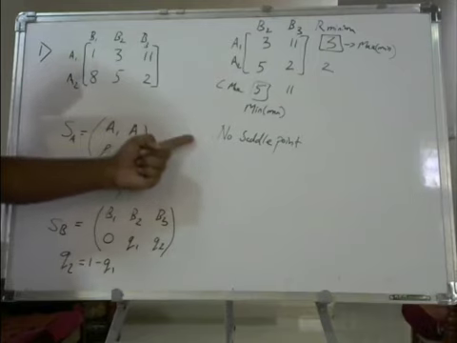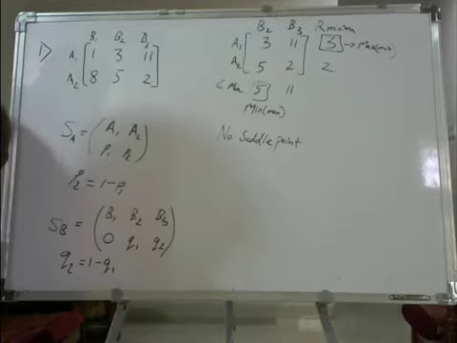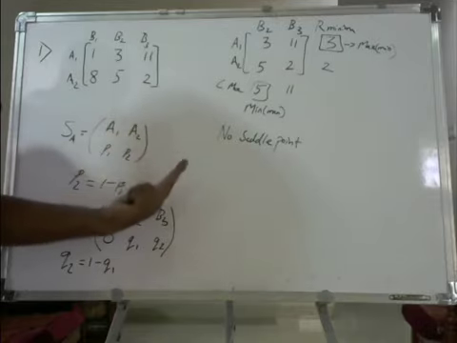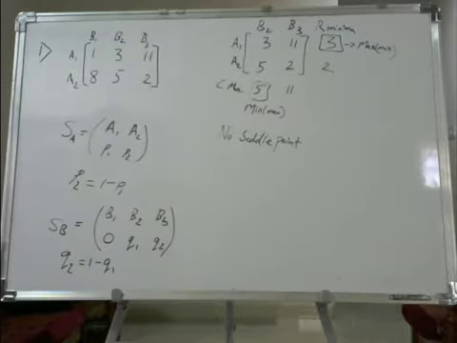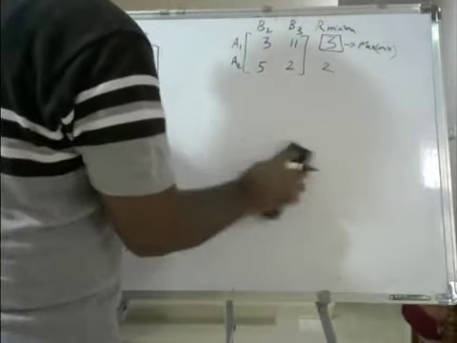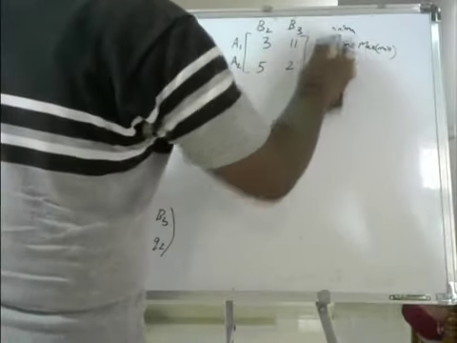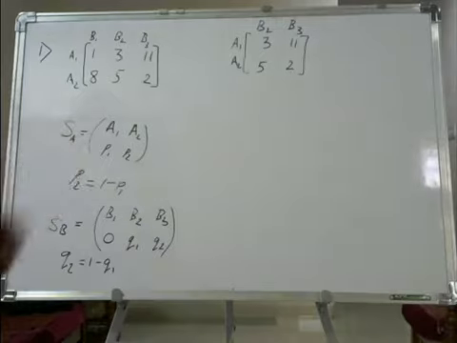Now you have to apply the formula to get P1, P2, Q1, Q2, and then the value of the gain. If you don't know, watch the previous videos on how to solve 2 by 2 matrix games without a saddle point.